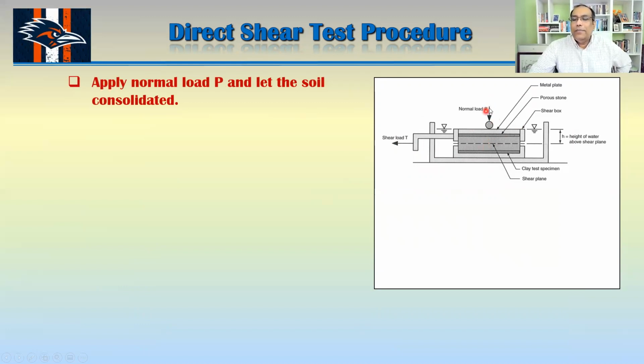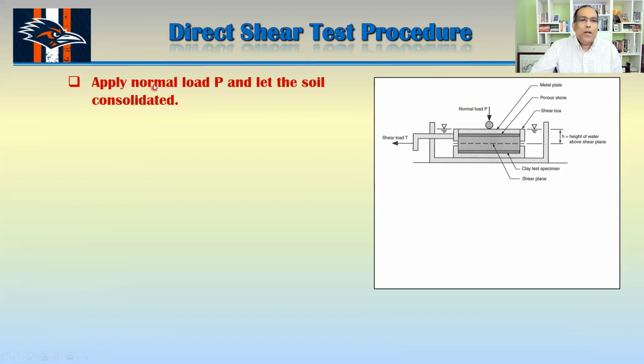We usually run the test for 3 different normal loads or normal stresses. We find the normal stress by dividing the load by the area of the box. Let's say 20 kPa, 40 kPa, and 80 kPa. So we have to run the test 3 different times with 3 different normal loads.